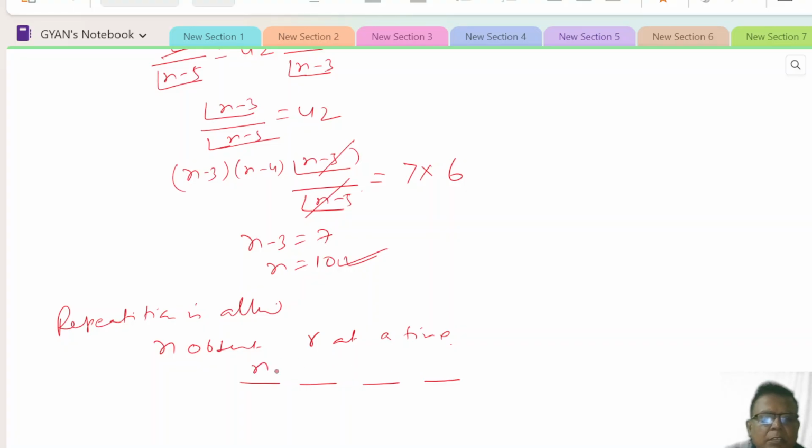So here in n ways you can arrange, here also n ways, here also n ways. So the total will be n into n into n, r times. So n to the power r. So if the repetition is allowed, then it should be r times.